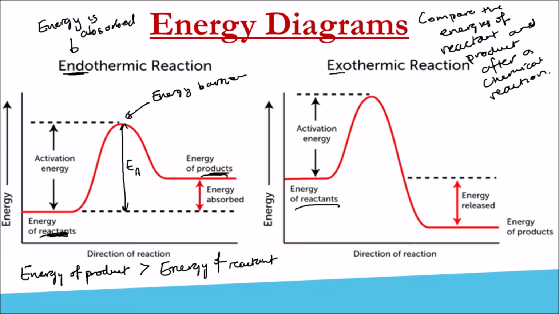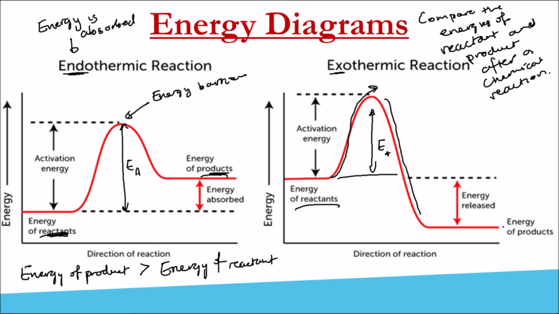If we look at an exothermic reaction, we can see that the energy of the reactants is much higher than the energy of the products. The overall activation energy would appear to be small in this case. It needs to climb up this hill. If it has enough energy to overcome the activation energy, then a chemical reaction will occur.